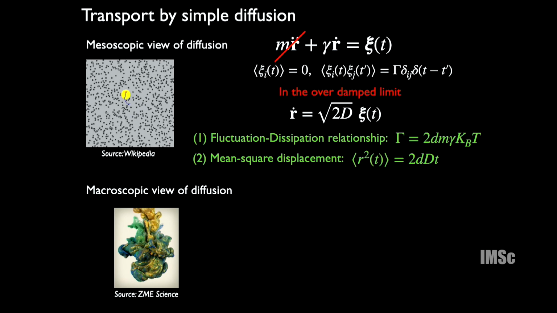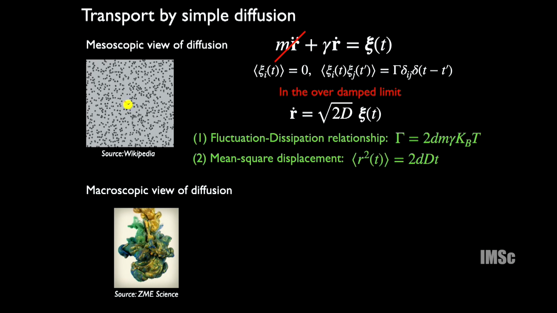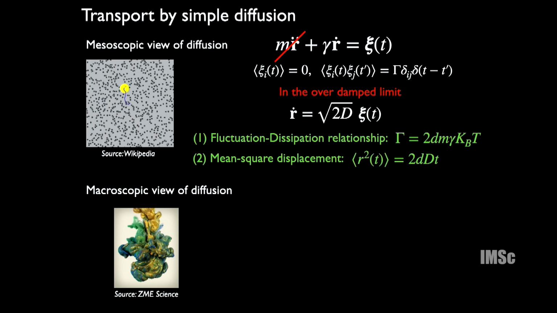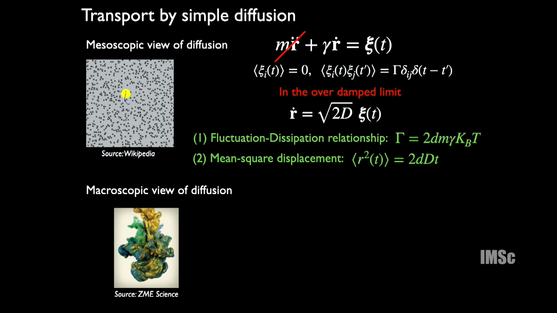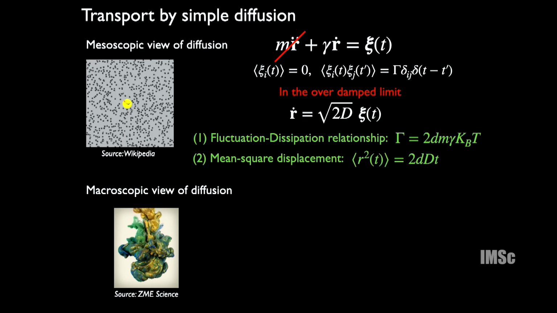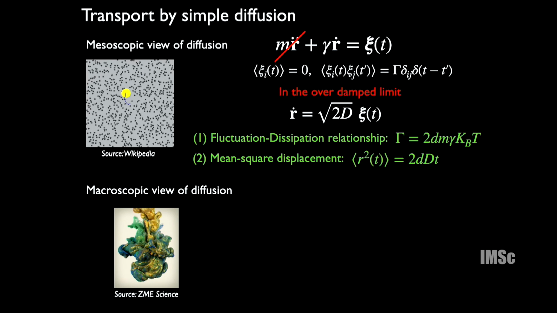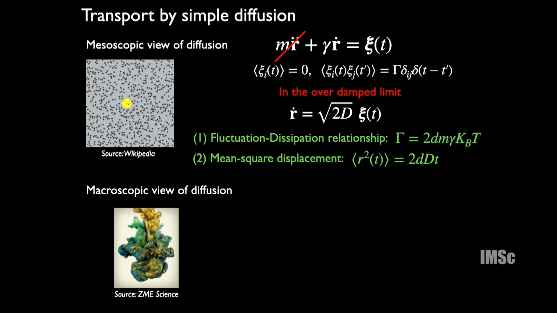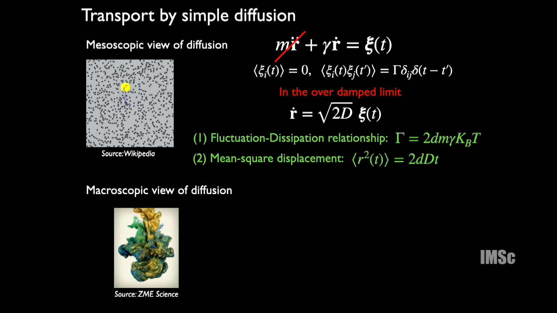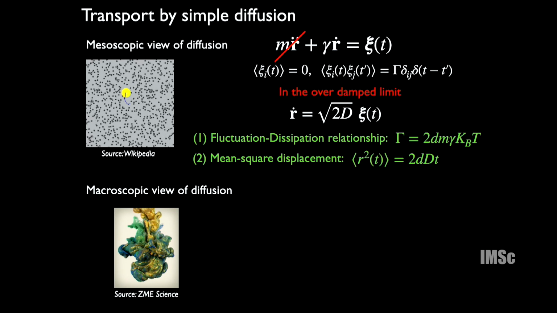Now, if you are not looking at a single particle but a lot of particles, like some chemical, and this is what you had been studying, then instead of writing down the equation of motion of a single particle, I would rather think in terms of a concentration field or a density field for these particles.